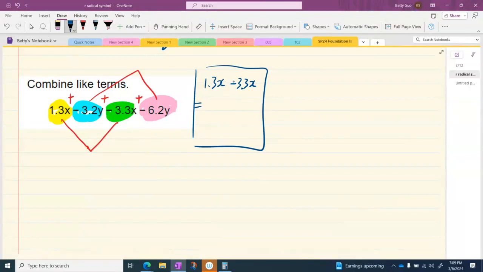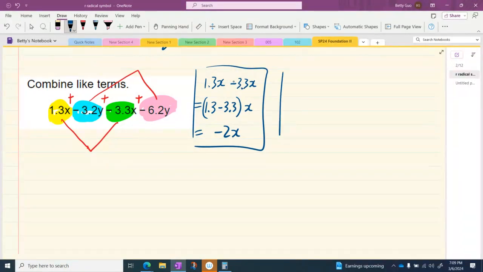Combine like terms by combining their coefficients. So we have 1.3 minus 3.3, times x. What is 1.3 minus 3.3? Calculator. Negative 2x, right? Yeah.